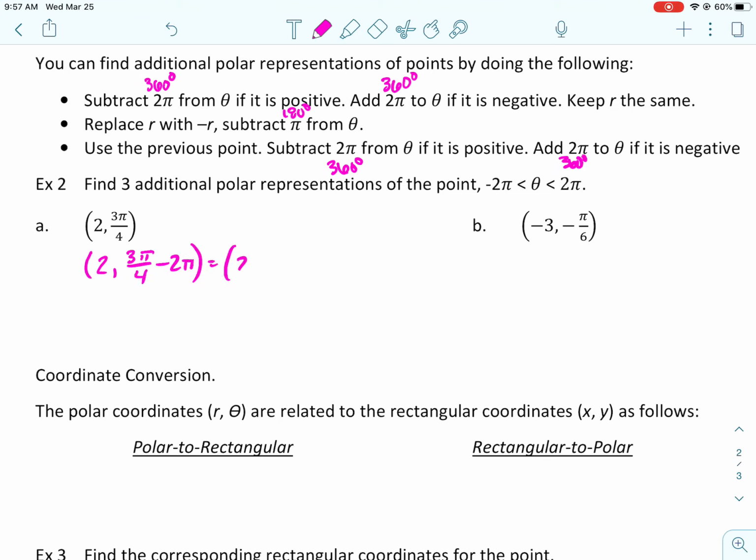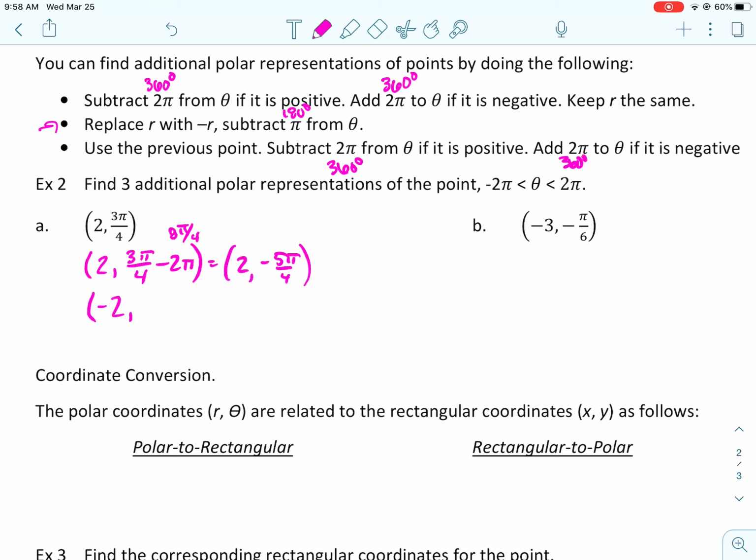So our theta was positive, so I would take 3 pi over 4 and subtract 2 pi from it. 2 pi is the same as 8 pi over 4, so that's going to give you negative 5 pi over 4. All right, so there's one additional representation.